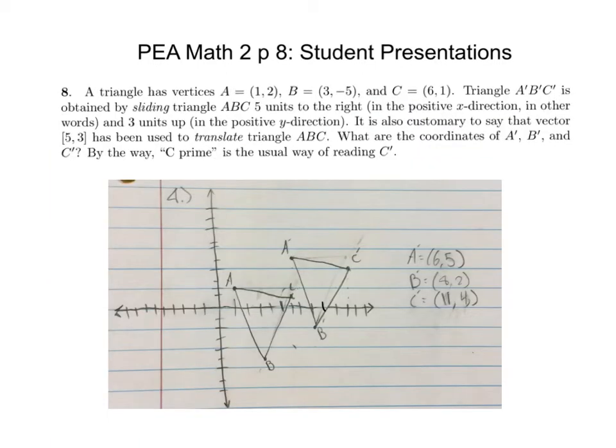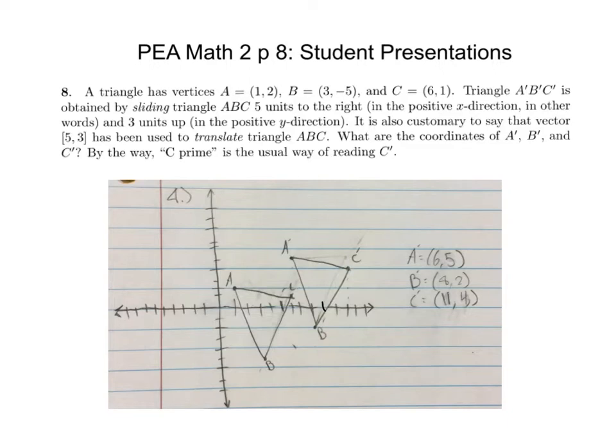A triangle has vertices A equals (1, 2), B equals (3, -5), and C equals (6, 1). Triangle A prime, B prime, C prime is obtained by sliding the triangle ABC 5 units to the right and 3 units up.